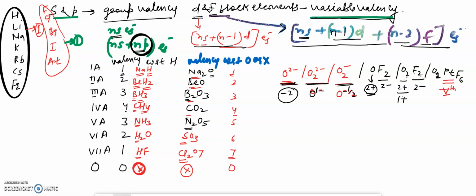That's very, very rare, but here platinum shows that rare oxidation state, 5 plus. This platinum is 5 plus, the 6 fluorines are 6 minus, so the net is minus 1 charge, so O2 will have plus 1. 2 oxygen atoms have plus 1 charge, so 1 oxygen will have plus half charge.